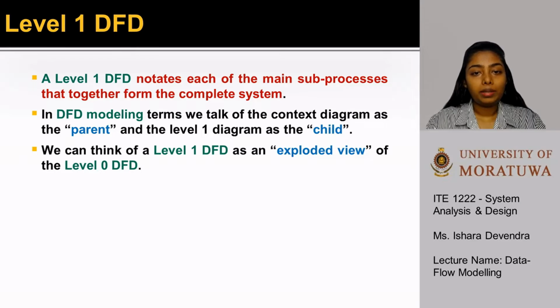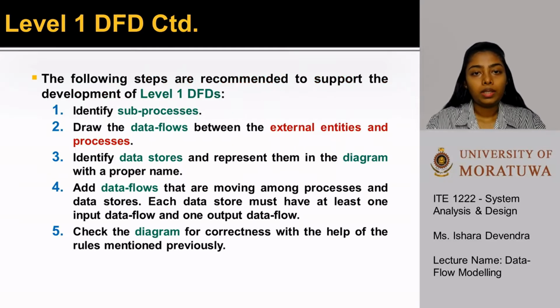In data flow diagram modeling terms, we talk of the context diagram as the parent and the level 1 diagram as the child. We can think of a level 1 data flow diagram as an exploded view of the level 0 data flow diagram. The following steps are recommended to support the development of level 1 data flow diagrams.